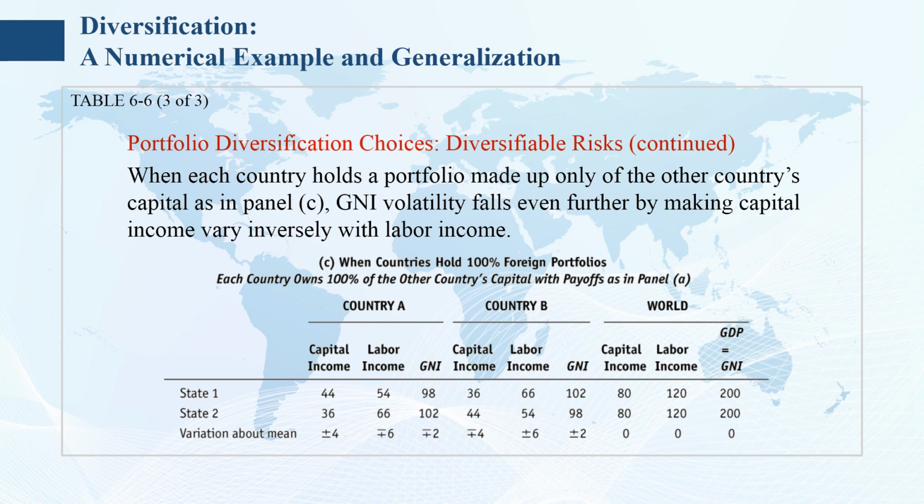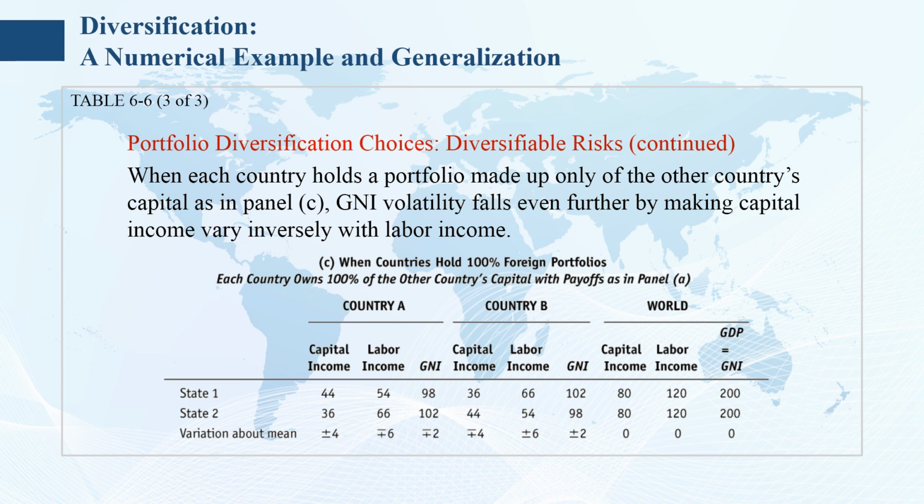A numerical example is given in Table 6-6, Panel C, when each country holds a portfolio made up only of the other country's capital, as in Panel C. In State 1, A's income is 98, of which 54 units are gained by labor and 44 units are gained by capital.